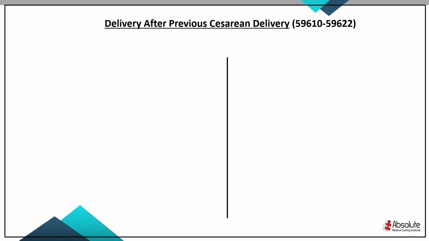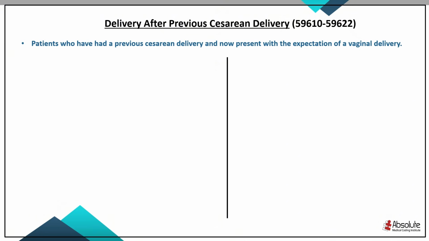Now let's move into another important section in maternity care and delivery coding. That is the delivery after previous cesarean delivery. And the code series ranges from 59610 through 59622. So these are for the patients who have had a previous history or a previous cesarean delivery and now present with the expectation of a vaginal delivery.